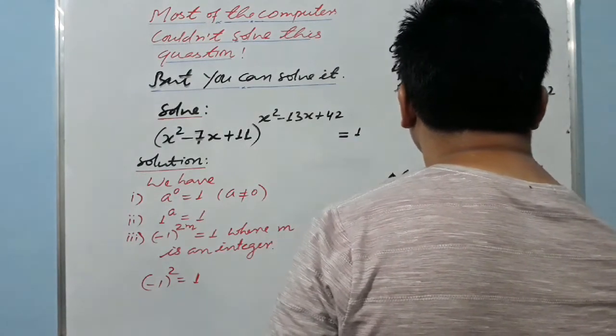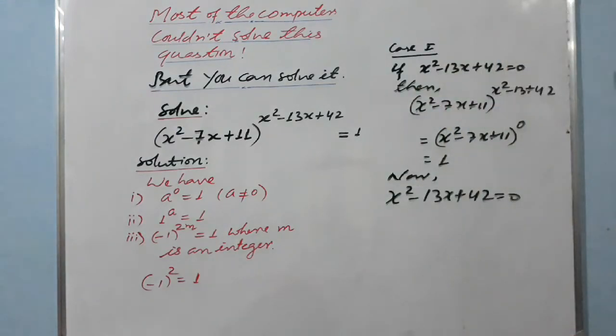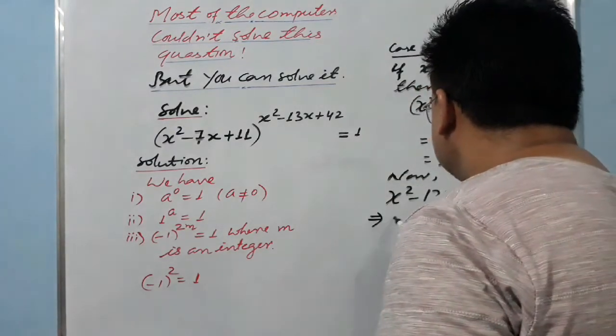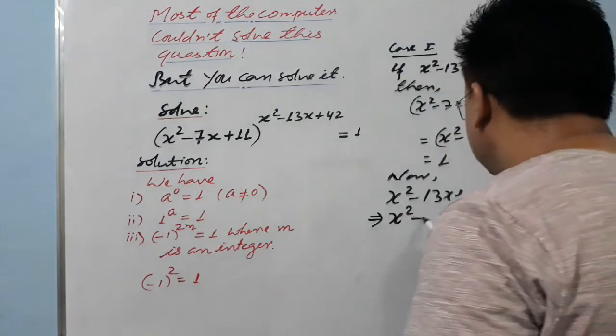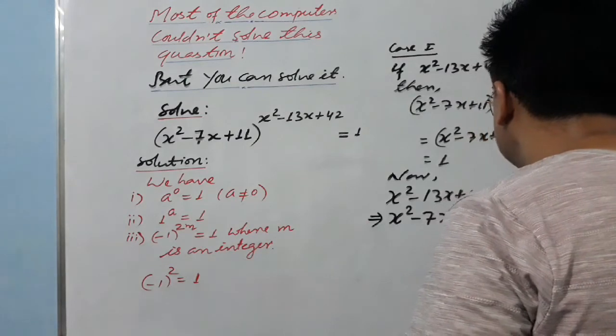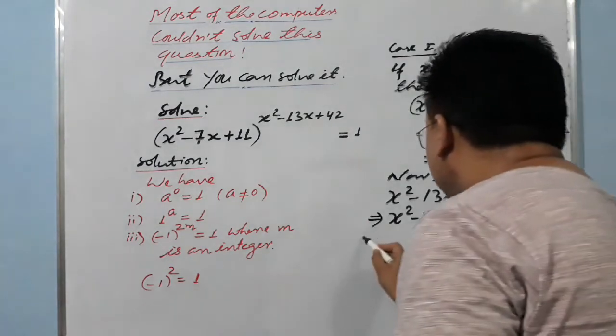x square minus 13x plus 42 is equal to 0, which implies x square minus 7x minus 6x plus 42 is equal to 0, as you can factorize 42 into 7 and 6.